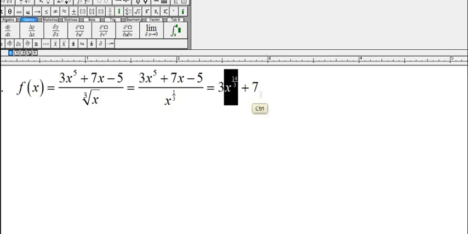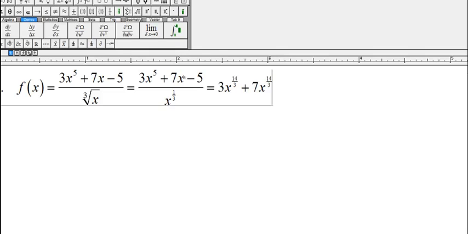Okay, and it's going to be a power to some thirds. Let's see, 1 minus 1/3, that's 3/3 minus 1/3, is 2/3 for the power here.